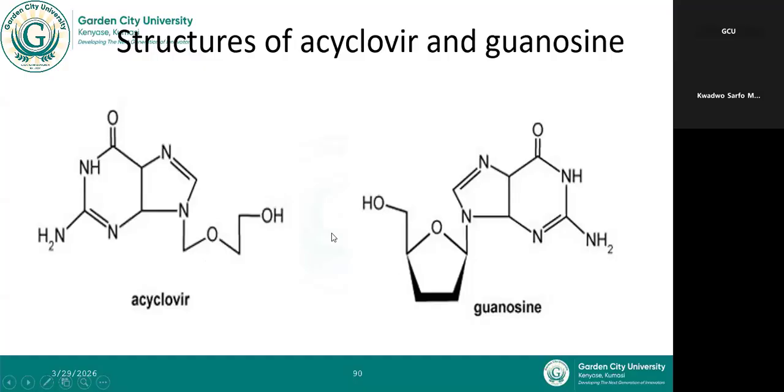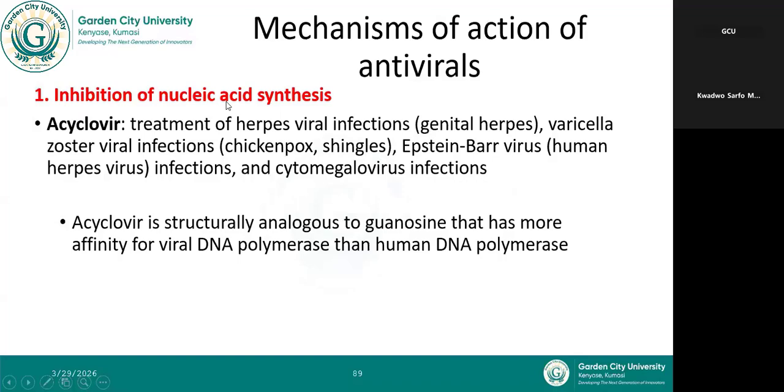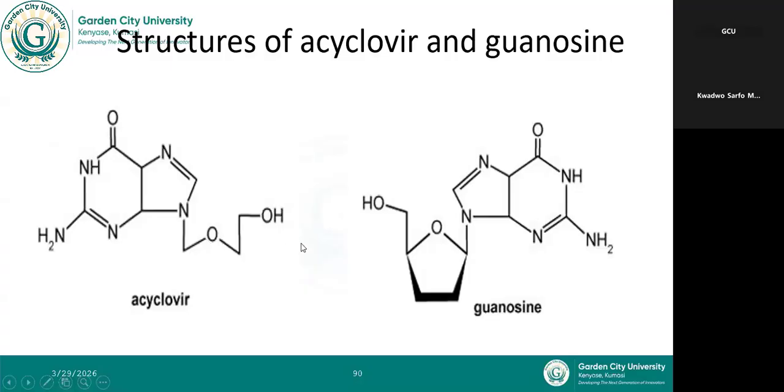So in the course of DNA molecule production, once these drugs are administered, the incorporation of the acyclovir replaces where there should have been guanosine. And because the structure is changed, there is no addition of another nucleotide to form the long DNA strand.